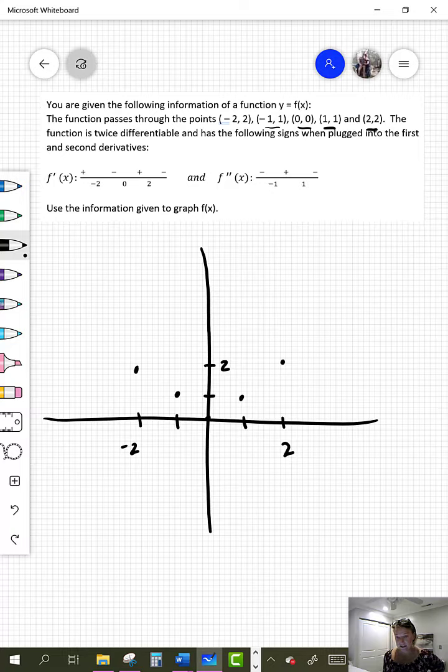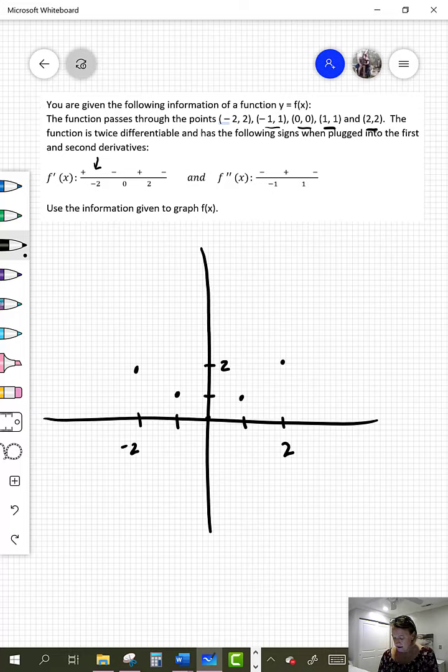So basically we're given a sign chart here. And so right here, f prime of negative 2 is either equal to 0 or undefined, but we're given it's twice differentiable. So we have something that is increasing until we get to negative 2 and then decreasing until we get to 0.